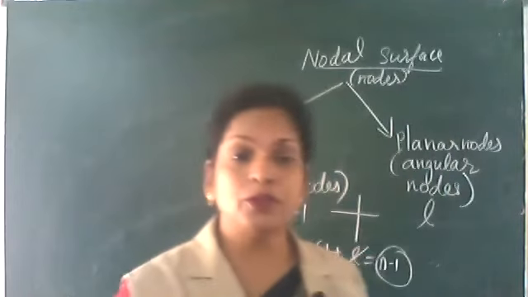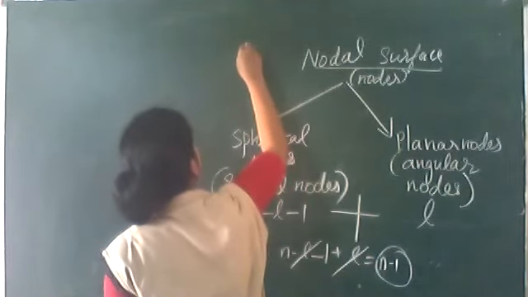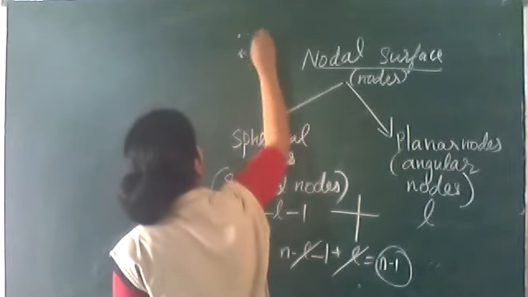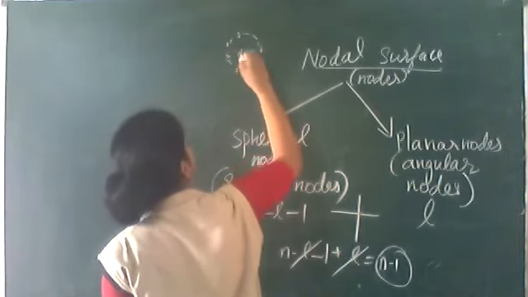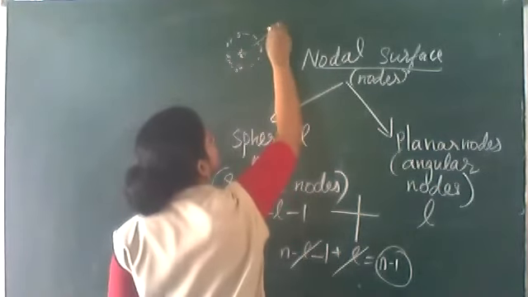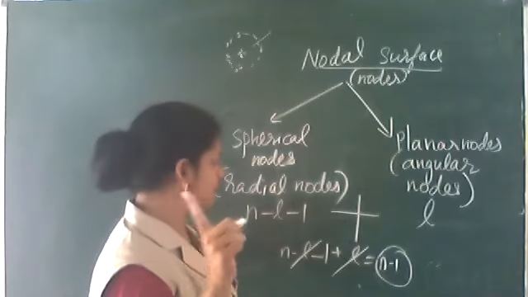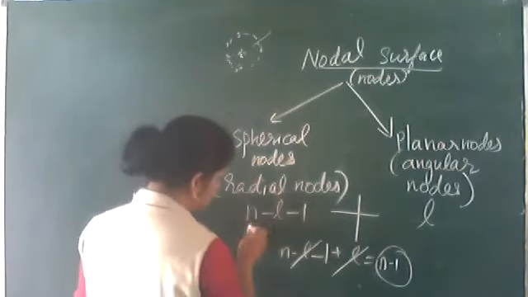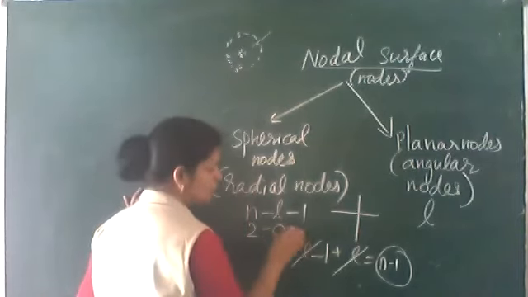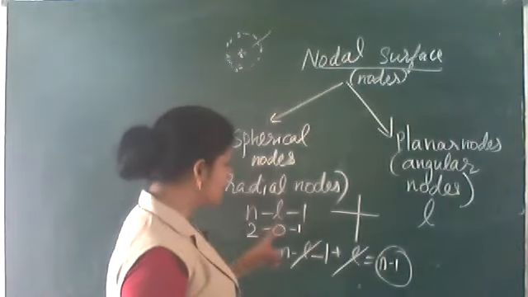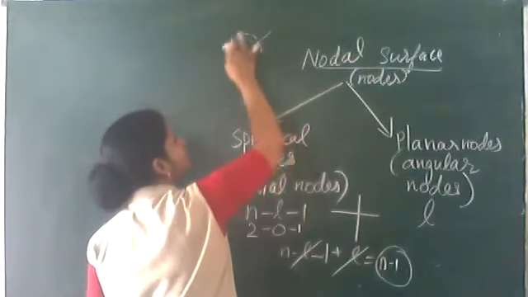For 2s, this is 1s and this is 2s, with the intermediate region between the orbitals. For 2s, n is equal to 2 and l is equal to 0, so 2 minus 0 minus 1 gives one spherical node. That is that one spherical node.